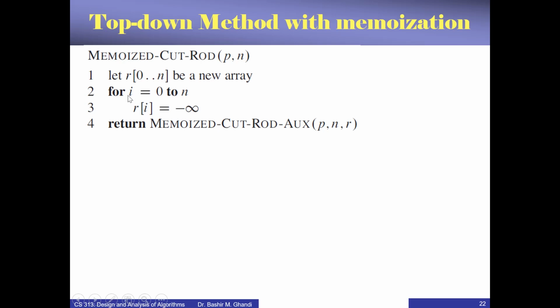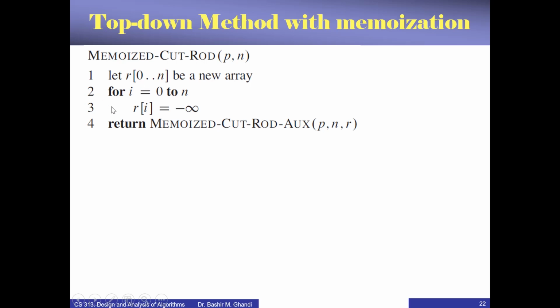And then in a loop, it will initialize all the cells to -infinity. This is all it does: create an array, initialize it to -infinity. We use -infinity here because we are finding a maximum, so we initialize with the smallest value, so that if we encounter a bigger value later, we're going to update this. So if we see -infinity in a cell, it means the value was not computed before.